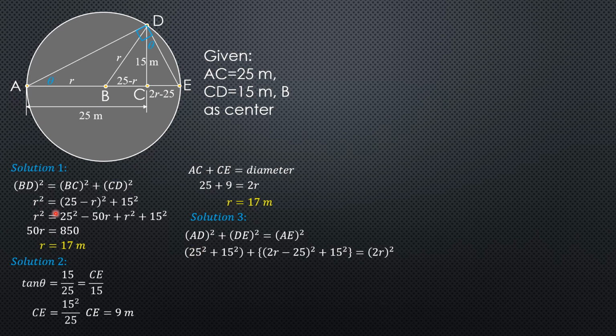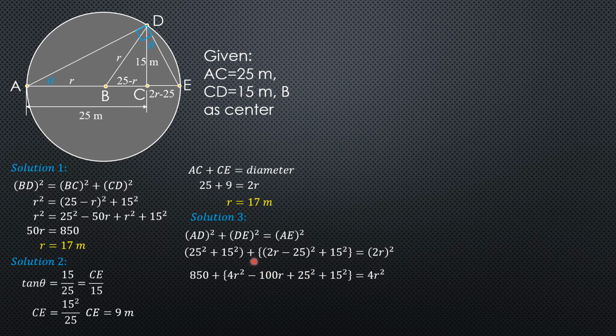So by our experience with the calculations here, 25 square plus 15 square is 850. Then expanding this, 4R square minus 100R, 2 times negative 25 is negative 50, times 2R, so negative 100R, plus 25 square plus 15 square equals 4R square.